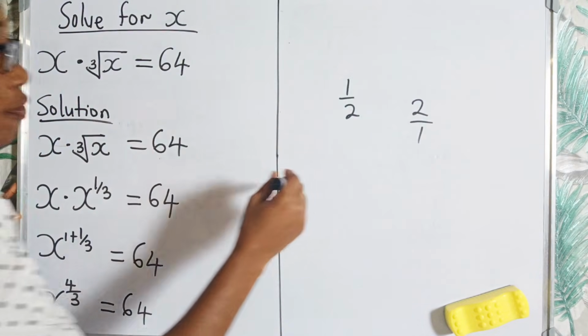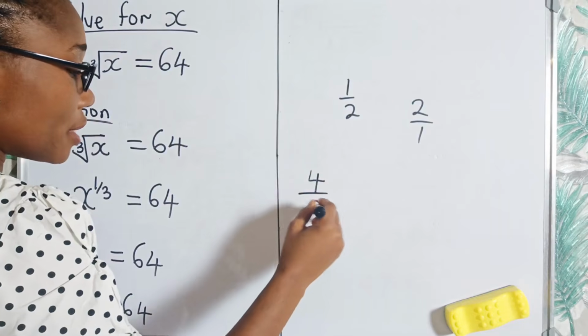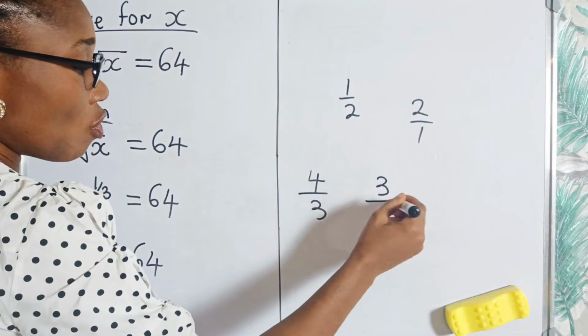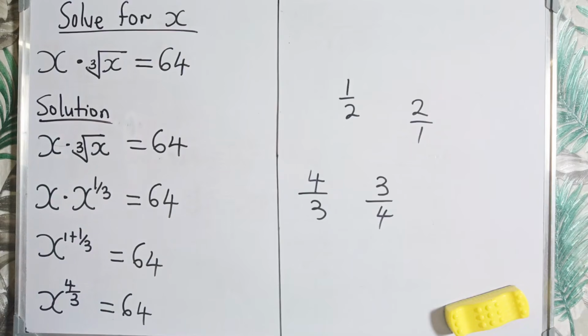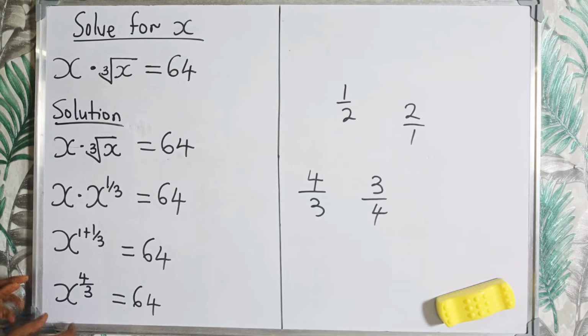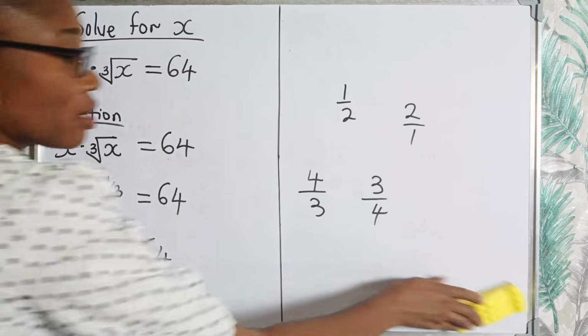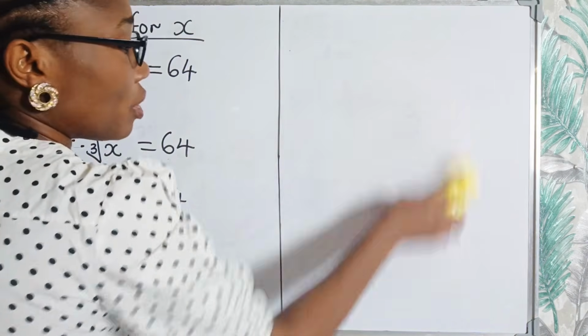So the reciprocal of 4 over 3 is 3 over 4. So we are going to raise both sides of the equation to the reciprocal of 4 over 3. The reason we are doing that is to clear the exponents so that we can have our x standing alone. All right? Okay, so let's go on.